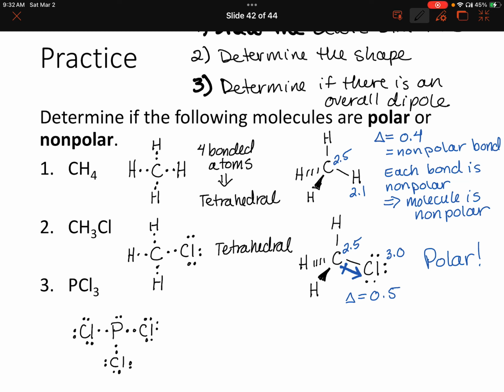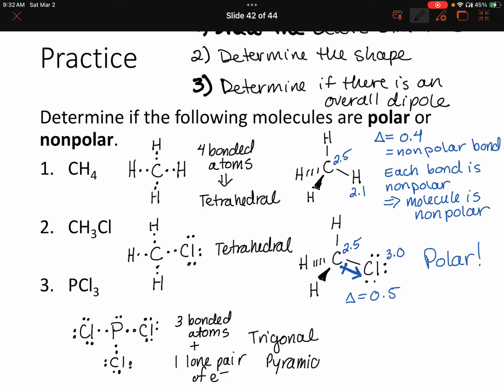Okay, so phosphorus has 3 bonded atoms and 1 lone pair of electrons. So the chart we saw in the last video would tell us that the shape for this molecule is trigonal pyramidal. So it's going to look like a little pyramid.